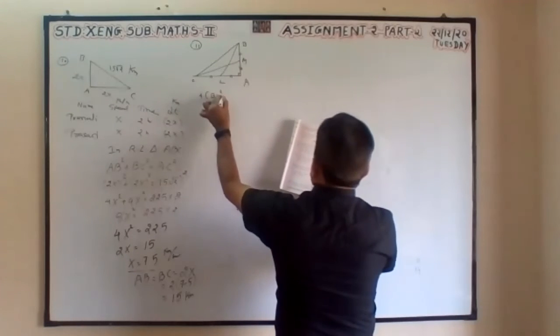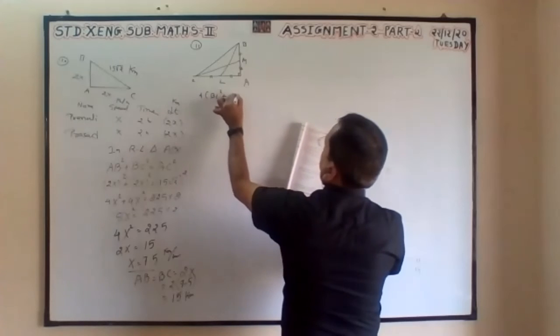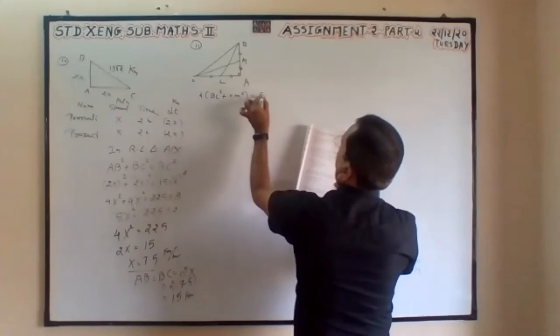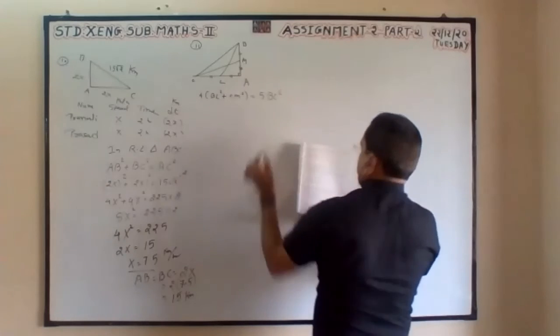4BL square plus CM square is equal to 5BC square.